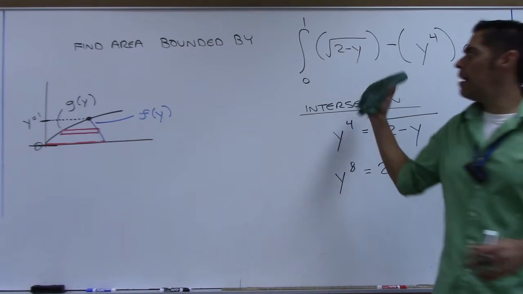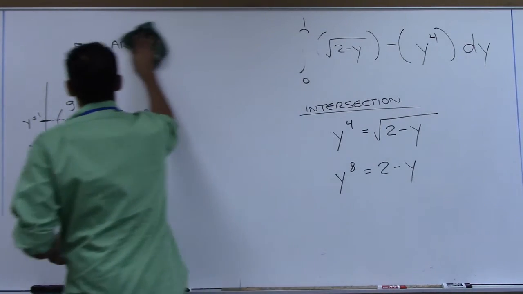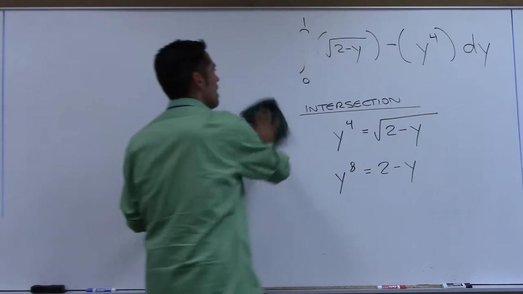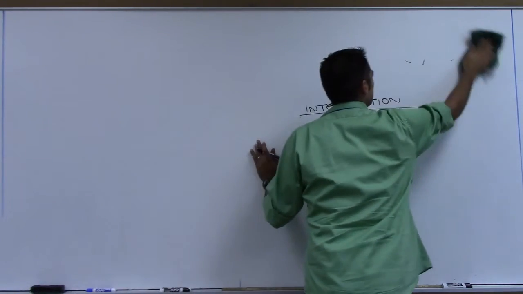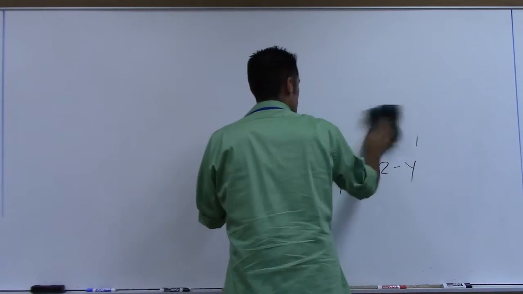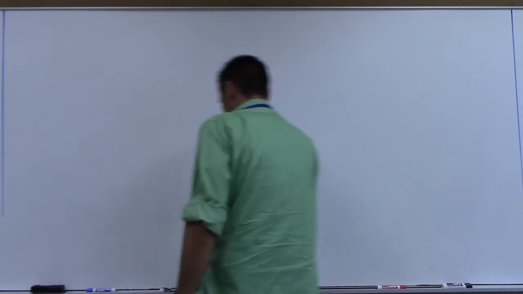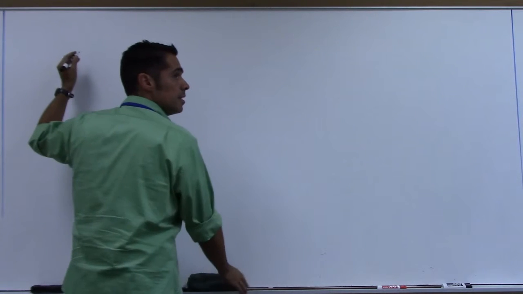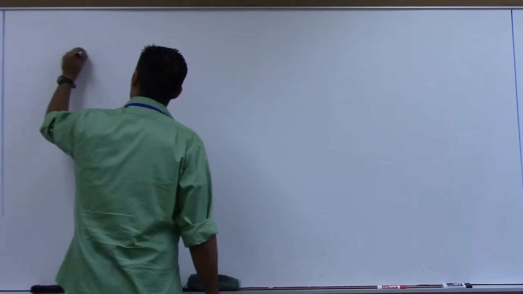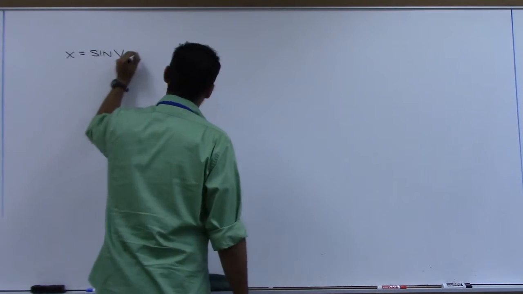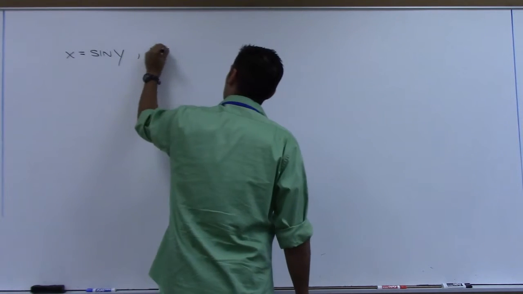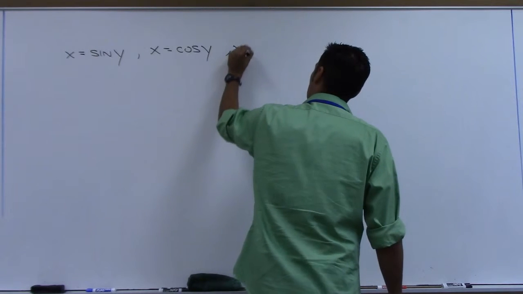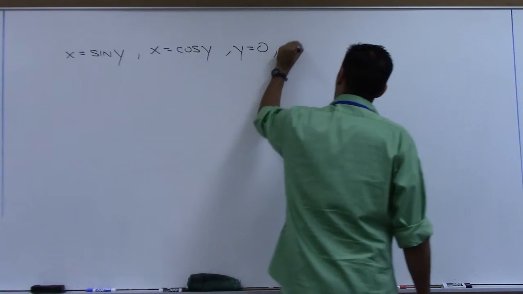Sketch the region bounded by these two curves. This is a good problem. Sketch the region bounded by x equals sine y, x equals cosine y, y equals 0, and y equals 2 pi, and find the area.